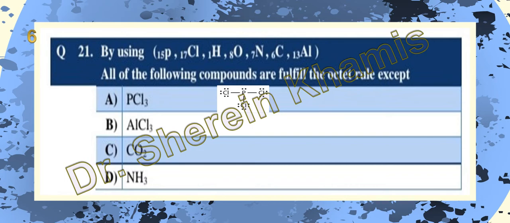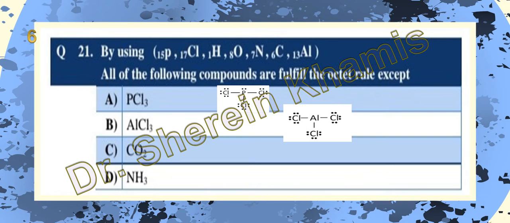Okay, choice B, we have aluminium. Aluminium has 3 electrons in the outermost energy level, and it is surrounded by only 6 electrons. So it does not fulfill the octet rule.